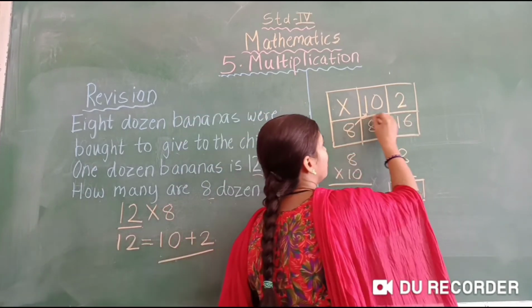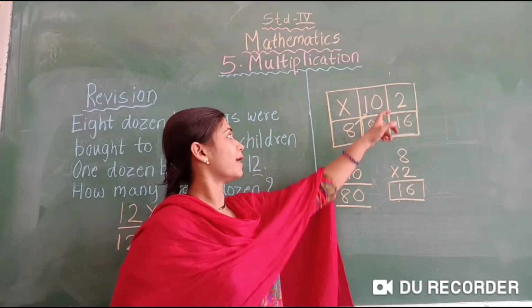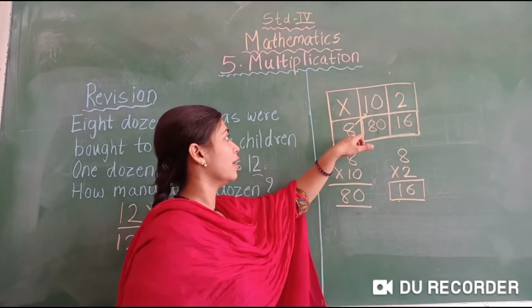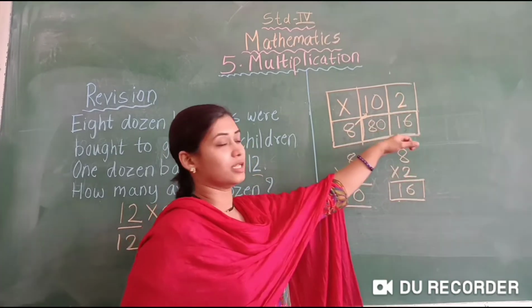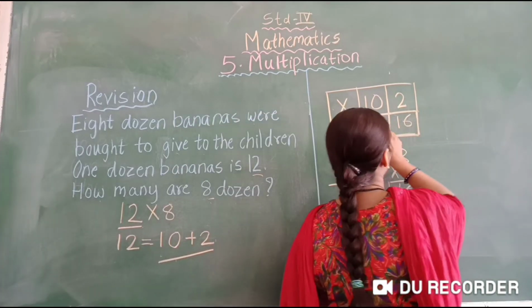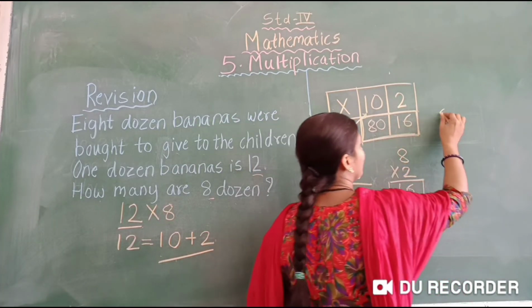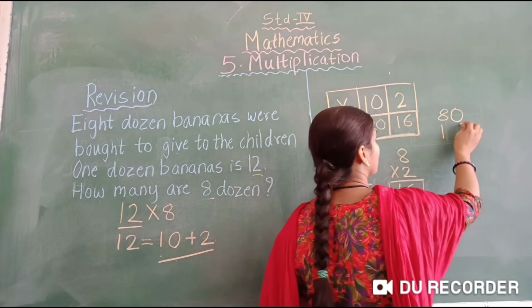Then this is the answer which we have got here. 8 multiplied by 10 is 80. 8 multiplied by 2 is 16. Then after getting the answers, we need to add the numbers. First answer we got here is 80. Second number is 16.